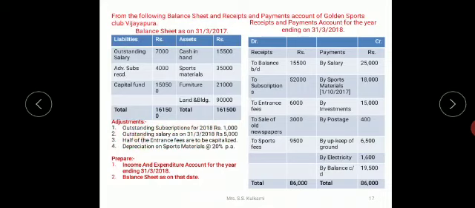We will just see. Now we have the receipt side and the payment side. All actual receipts, capital and revenue, are recorded in the receipts and payments account. For example, you have opening balance, subscriptions, entrance fees, sale of newspapers, sports fees, etc. All receipts are on the debit side, and all payments like salary, sports materials, investments, everything is on the payment side. So we can see here that receipts and payments does not make a distinction between capital and revenue items.